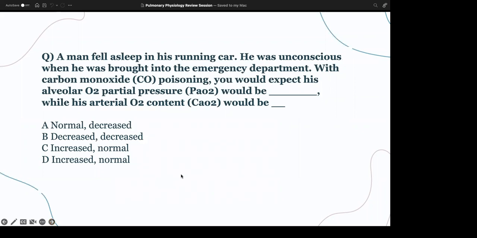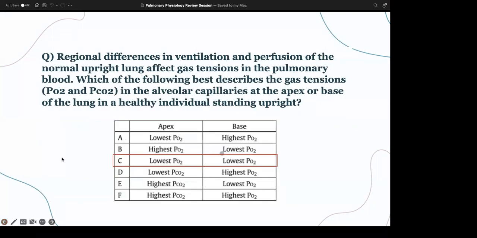Amanda, actually, in my notes I have a diagram of the lung, and it says that the highest part of the lung has a PO2 of 132, while the lowest has a PO2 of 90. So I'm still kind of confused why the apex would have the lowest PO2.